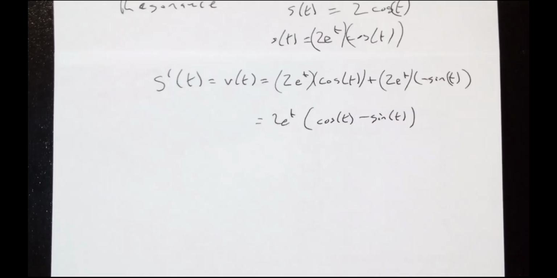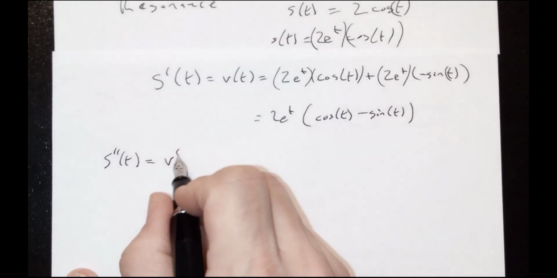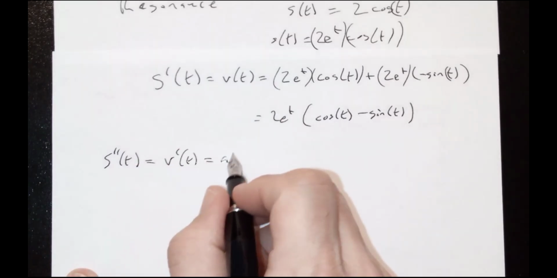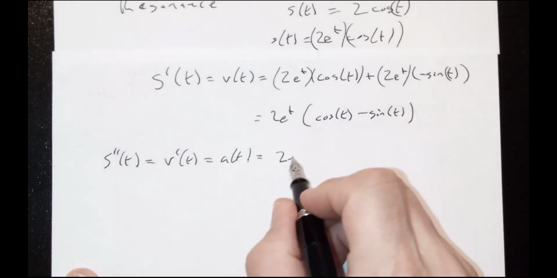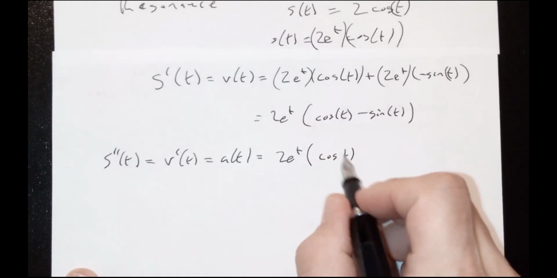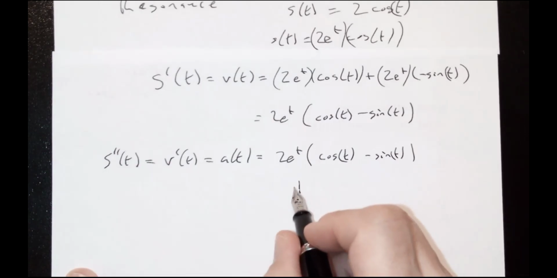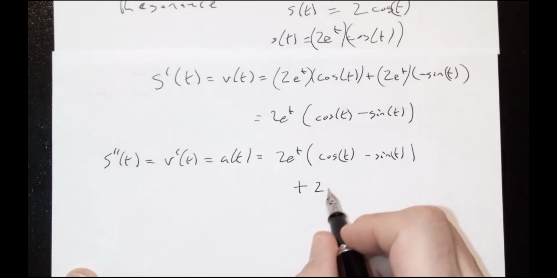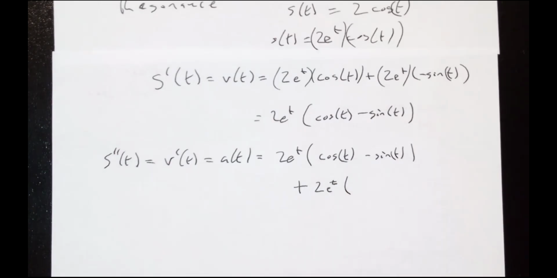So I go to do the second derivative. S double prime of t, that's v prime of t, that's the acceleration. Derivative of the first, leave the second alone. Then leave the first alone. Do the derivative of the second. What's the derivative of cosine?